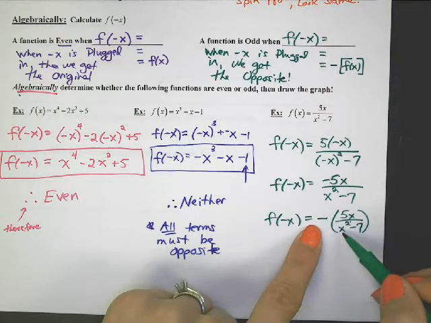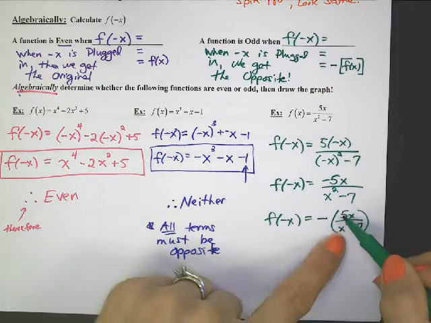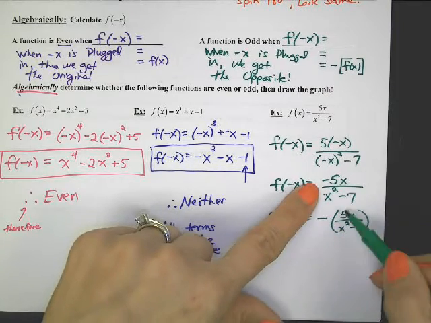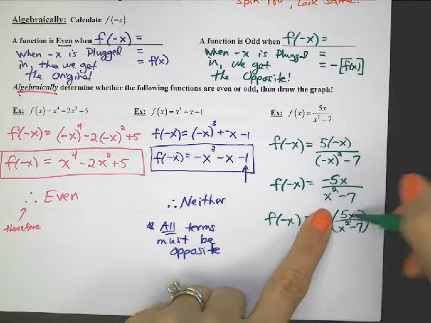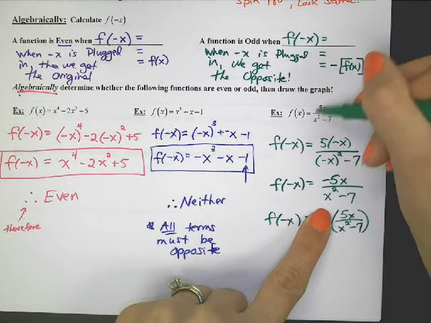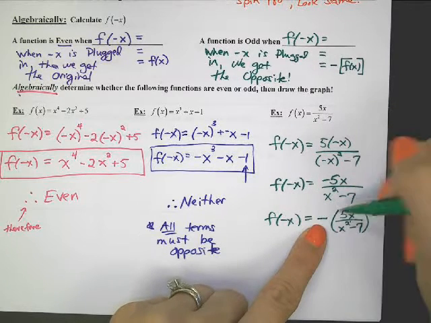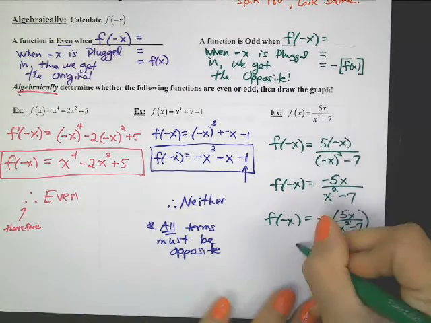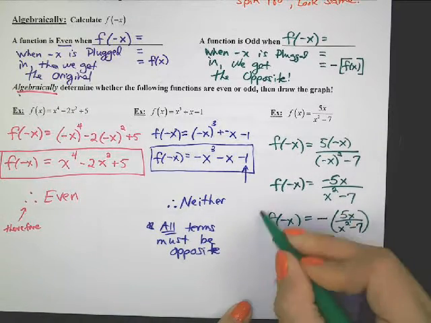Well, it can't go to both because then it would be a positive. So the negative would only go to the numerator, which is what that is. Okay, so this is legal. Now let's examine this. This fraction is exactly the same as the original fraction, except it's the opposite of the fraction. So therefore, this one is odd.